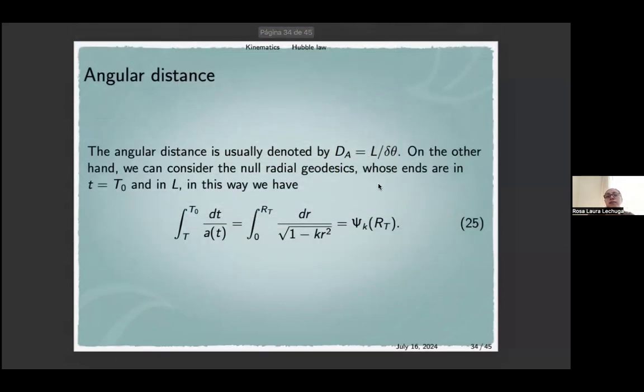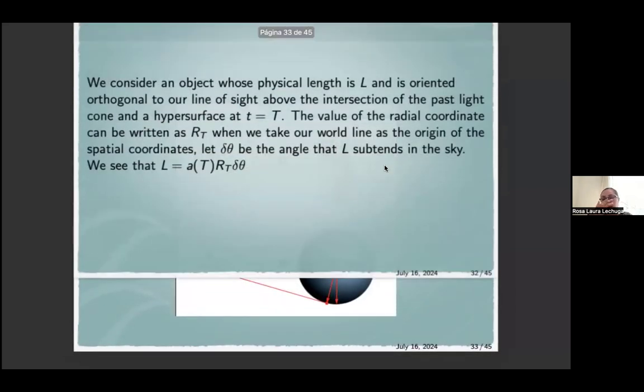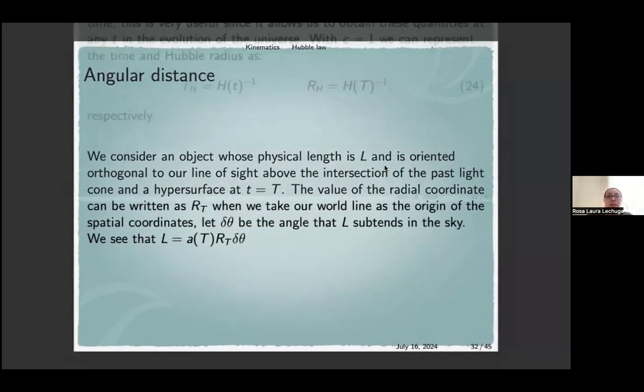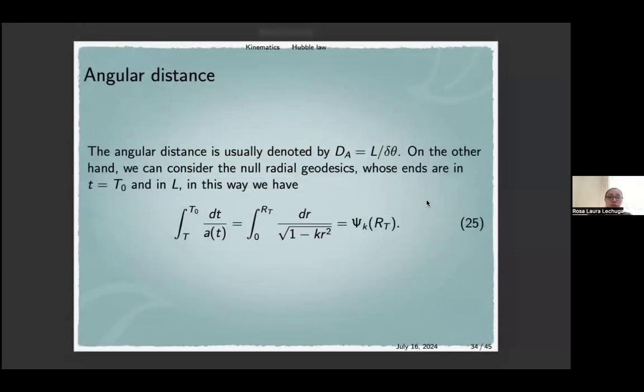So the angular distance is usually represented by this quantity, this L, that is the physical length of the object, divided by the angle, as I mentioned before. We can consider again a null radial geodesic as the example for the redshift.